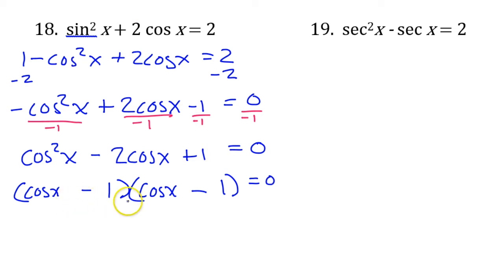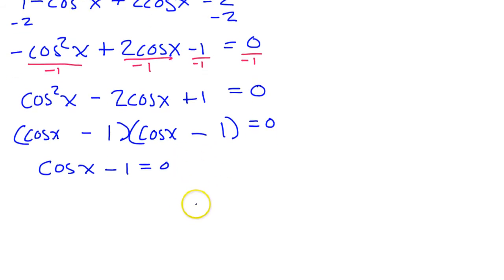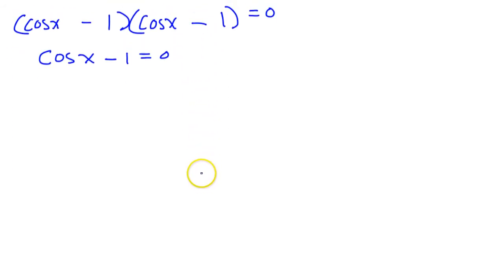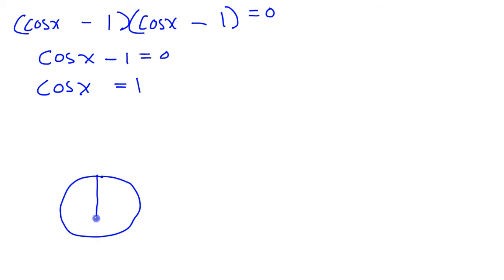So now I can use the zero product property and set each of these equal to 0. Since they are the same, I don't have to do it twice. I will just take one of them and set it equal to 0. So that is going to give me cosine x is equal to 1. So this is going to be a quadrantal angle for my solutions.